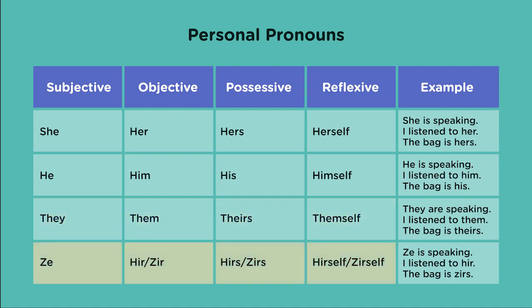The last ones are sie, zer, zerself, or sie, self. Someone might use these last 2 pronouns when they feel like the more gendered pronouns don't capture how they identify. These tend to be considered more gender nonconforming pronouns. You can see we have example sentences such as they are speaking and the bag is theirs. I encourage you to pause and try these out aloud.